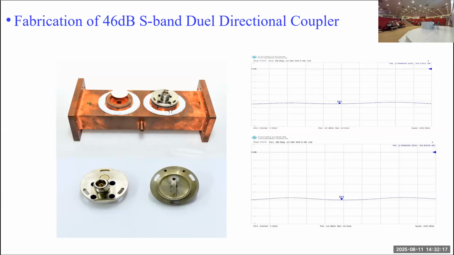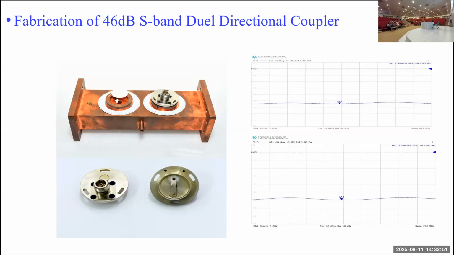Now, if these slots are perfectly placed at lambda g by 4, or an integer multiple of lambda g by 4, if RF is coming from this side, it will always be seen by this one. Its coupling to the RF will be 60 dB or 50 dB, but the coupling of this port will be 80 or 90 dB.